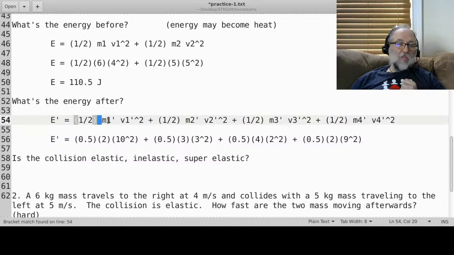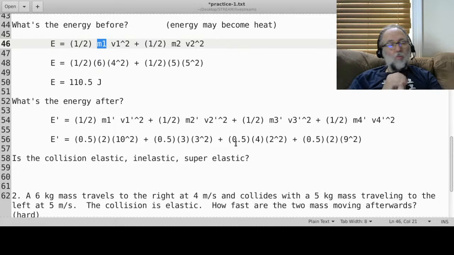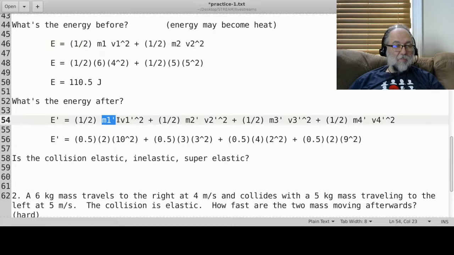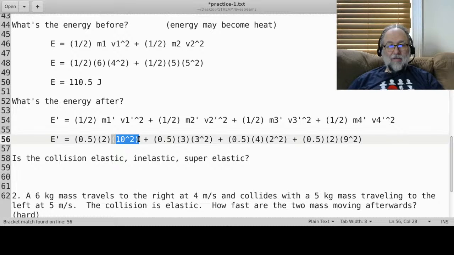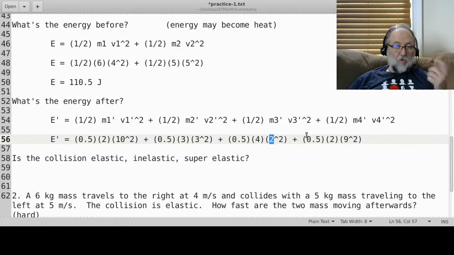That's why I call this one m1 primed and that one m1, because for the pieces before and the pieces after, we don't even have to worry about how they rearranged. They did rearrange. One of the pieces, what we're calling the first piece after, is 2 kilograms traveling at -10, and again I dropped the negative sign. The second piece was 3 kilograms traveling at 3 meters per second. The third piece was 4 kilograms traveling at 2 meters per second. And the fourth piece was that remaining 2 kilograms traveling at 9 meters per second.